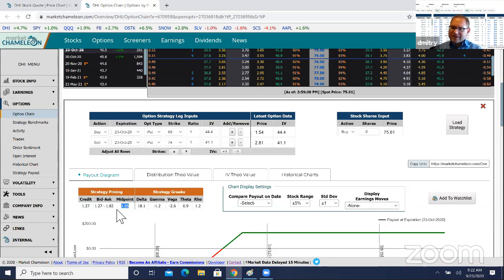So you always want to pay attention to your execution relative to that midpoint, because the further away you get from the midpoint, it's like that's the fee you're paying to get an immediate execution based on the market fair value at that time. You should keep that in mind.